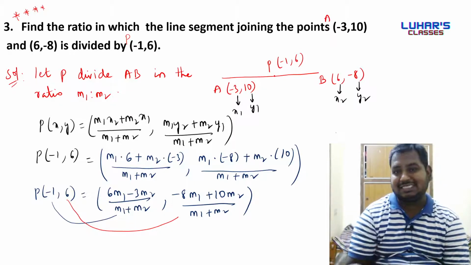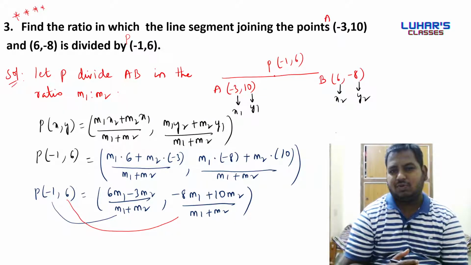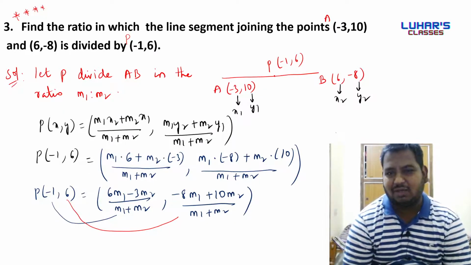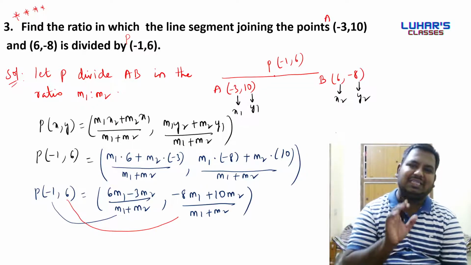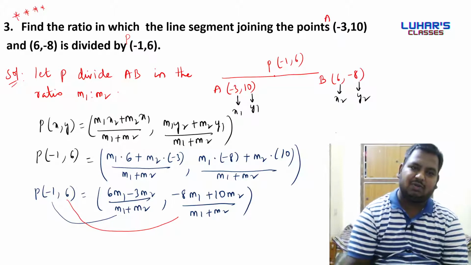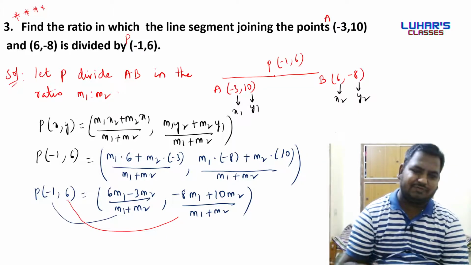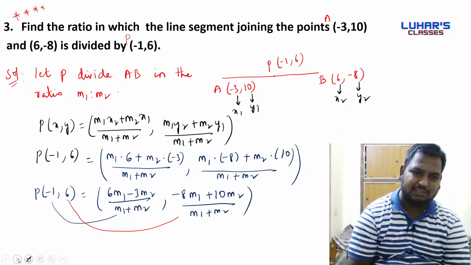If you don't get the same ratio, then P is not lying on the line segment AB, but that kind of problem won't be asked in the examination. In your CBSE board examination, equating either the x coordinate or the y coordinate is enough. So let me equate x coordinates.